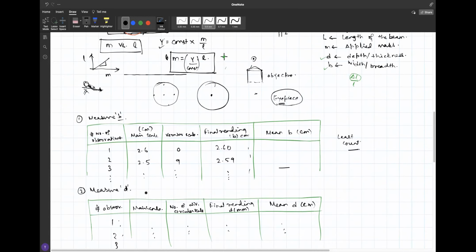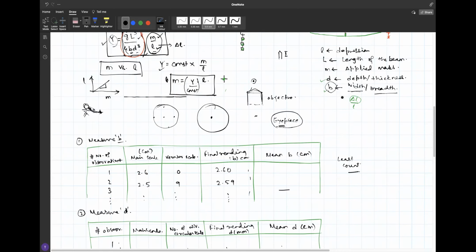And the breadth. No, so I define B as the ratio, which is width and breadth. So width, you know, and you can measure. Width and breadth would be the same thing, like it is written slash for that reason, maybe.